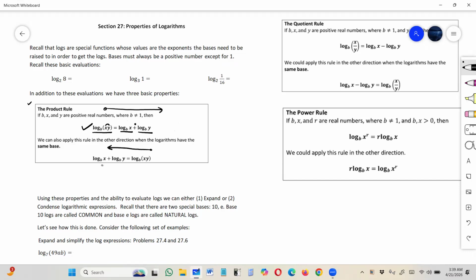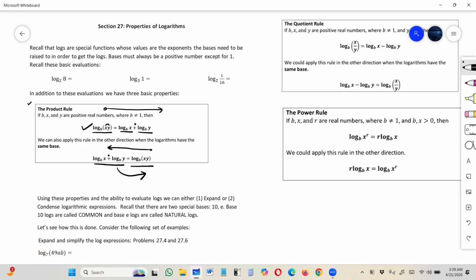A log of a sum is the log of a product going in this direction. So when we have a product, we turn the log into a sum, and when we have a sum, we turn the log into a product.